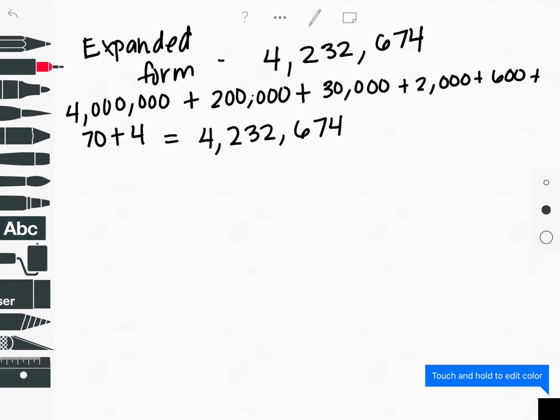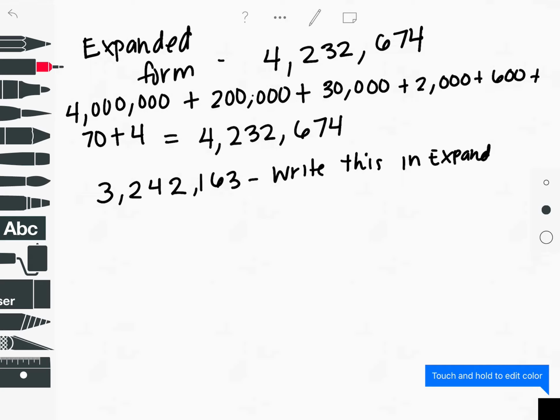Let's do one more together. If I say my number is 3,242,163, write this in expanded form. Then I'm going to start with my 3. I know 3 is in my millions.